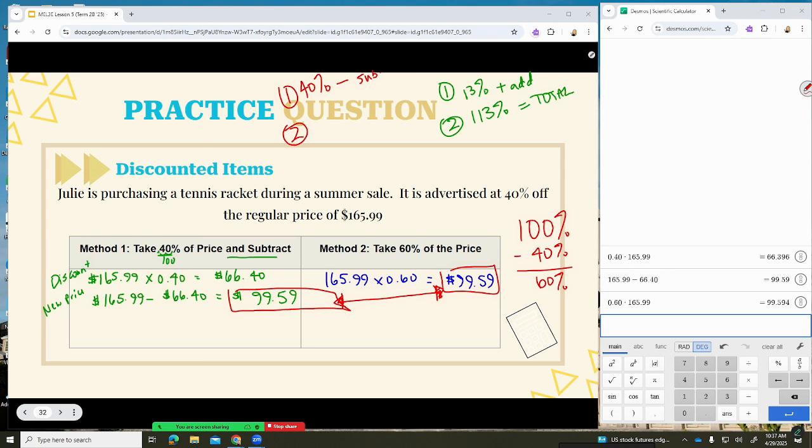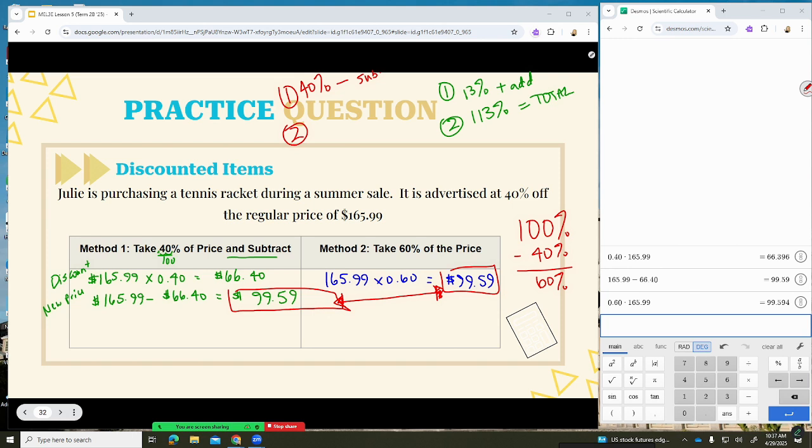If a regular price item is 100% and we're taking away 40%, I'm left with needing to pay 60%. So I can calculate $165.99 times 60% or 60% of or 0.60. And that's how I know what the sale item is, what the discounted amount is.